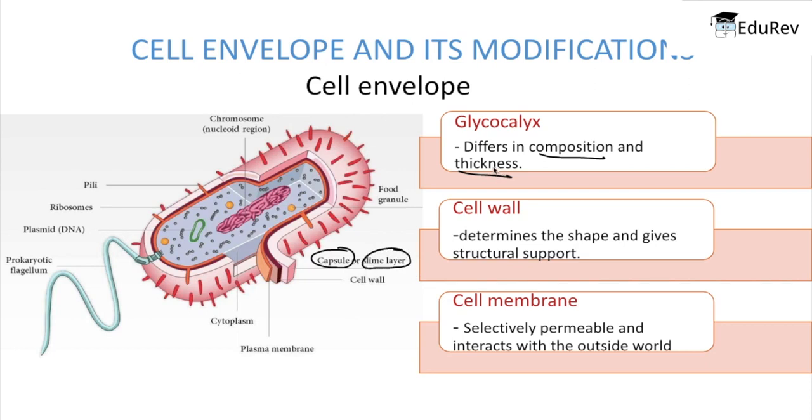Glycocalyx is followed by the cell wall, which determines the shape and gives structural support to the bacterial cell, and prevents the bacterial cell from collapsing and bursting. The cell wall is followed by the cell membrane, which is selectively permeable in nature, and it controls the entry and exit of various molecules.